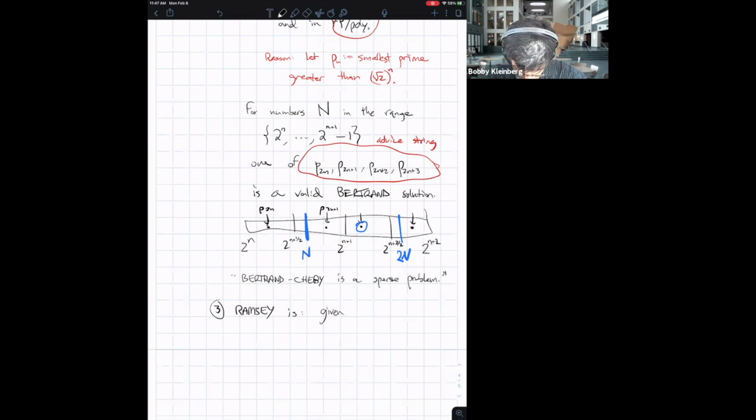So in this problem, we're given a graph with 4 to the n vertices whose adjacency relation is encoded succinctly by a small circuit, a circuit C of size polynomial in n.